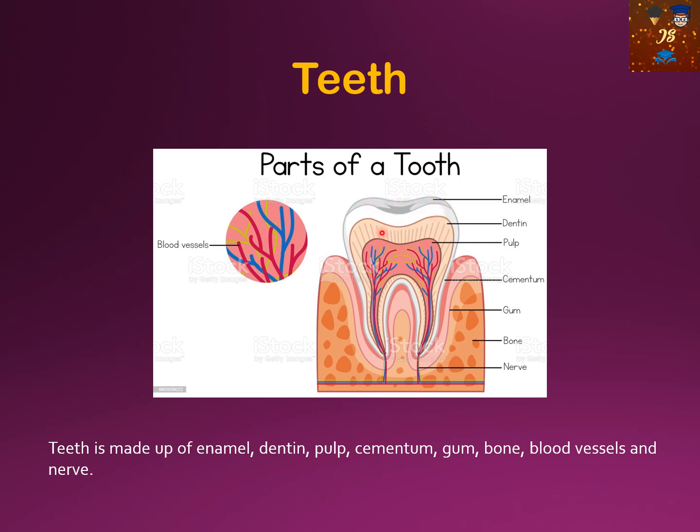After that comes the dentine region, then the pulp region, and within the pulp you can see different types of blood vessels, like artery, vein and capillaries. These blood vessels are within the deep root, with the general circulation. And this is the nerve for which we have sensations in our teeth. This is intruded within the bone. This soft part is the gum and this is the cementum. So these are the different parts of a tooth.